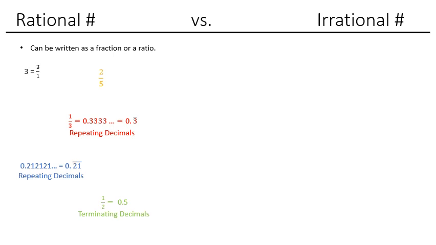Now let's take a look at the irrational numbers. They cannot be written as a fraction or a ratio. Examples of these, the first one is pi. Sometimes you may hear that we call it 3.14. That's an estimation, but this is actually a number that goes on and on and on forever.